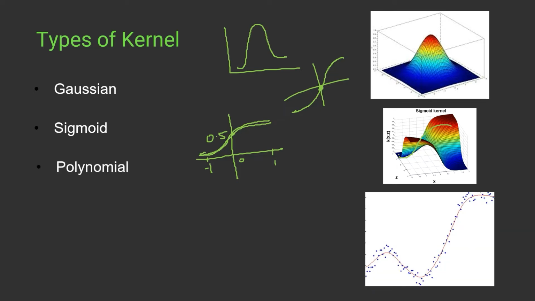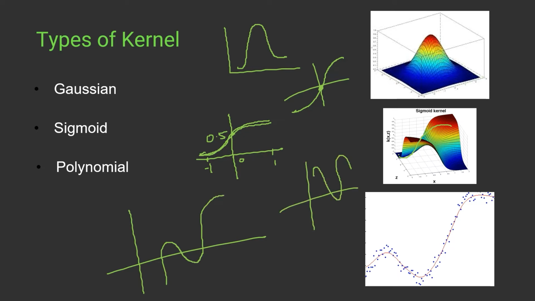Then a polynomial function looks like this. You can say that a polynomial function is like this over here. It can also be of the shape like this, right? So these are the basic kernels that we use in general practice while training our machine learning models.